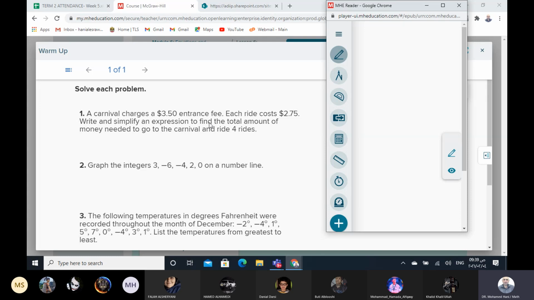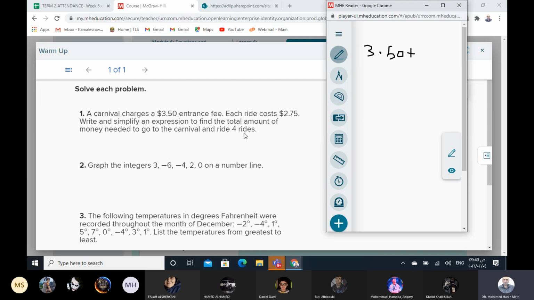Okay, who can tell me what is the expression here? Check with me. Here we have a 3.50 entrance fee, so write 3.50 plus the cost of each ride, which is 2.75.